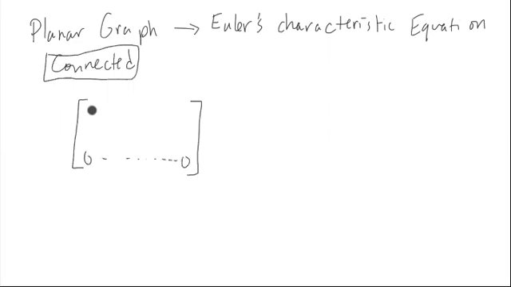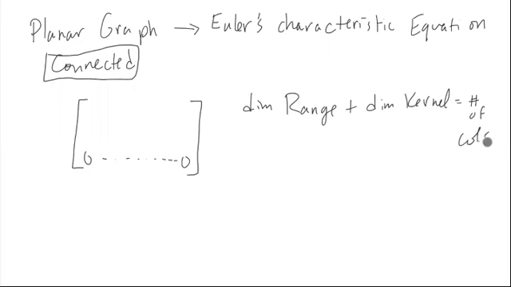And the dimension of the range of the Smith normal form, plus the dimension of the kernel, is going to be equal to the number of columns. The number of columns is equal to the edges, and the dimension of the range will simply be the number of vertices minus 1.